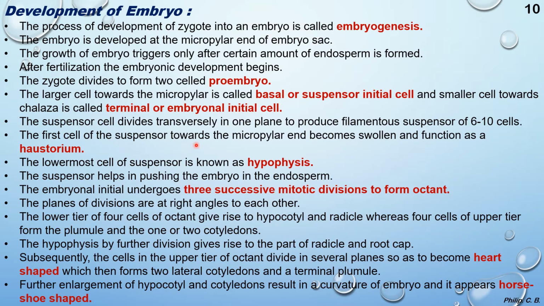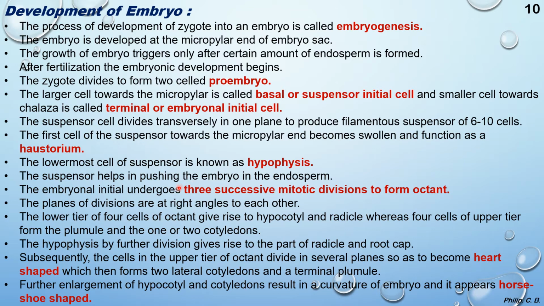So remember the term, the suspensor cell, the first cell, they get swollen and forms haustorium. The lowermost cell of the suspensor cell is known as hypophysis. So the lowermost cell hypophysis, the first cell haustorium. The suspensor cell helps in pushing the embryo into the endosperm.